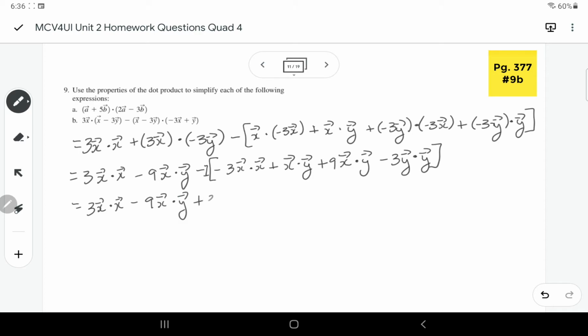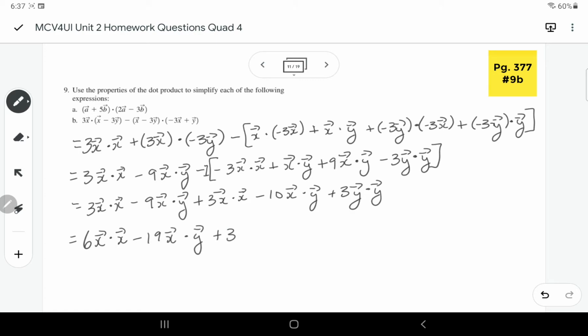So here I'd have plus 3x dot x minus 10x dot y plus 3y dot y. So here I get 6x dot x minus 19x dot y plus 3y dot y.